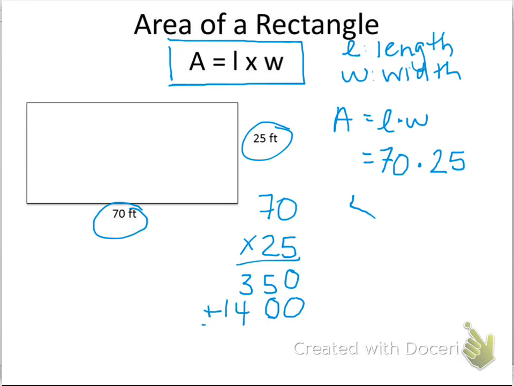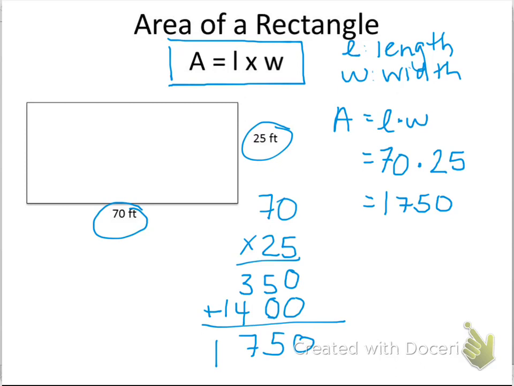Now I'm going to add them all together. 0 plus 0 is 0, 5 plus 0 is 5, 3 plus 4 is 7, and 1 plus nothing is 1. So that means that our area is equal to 1,750.